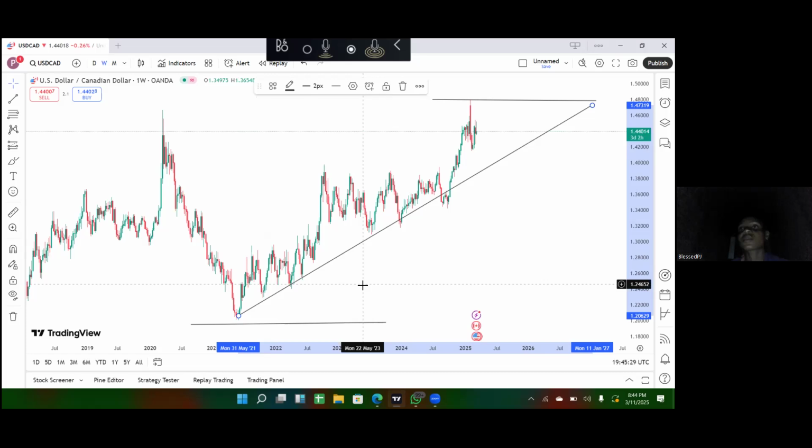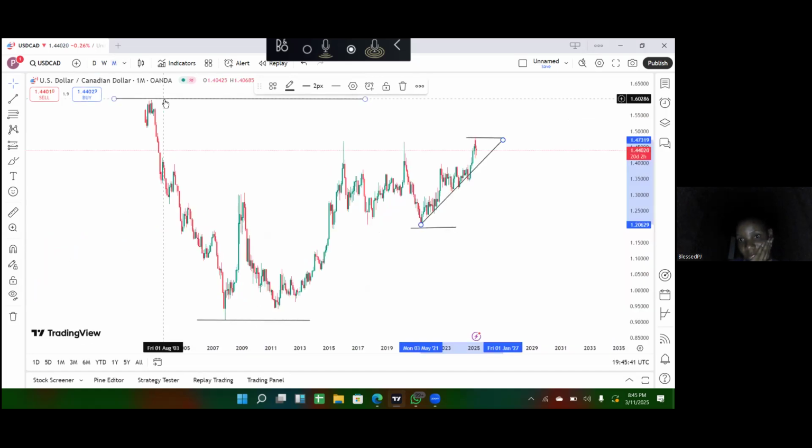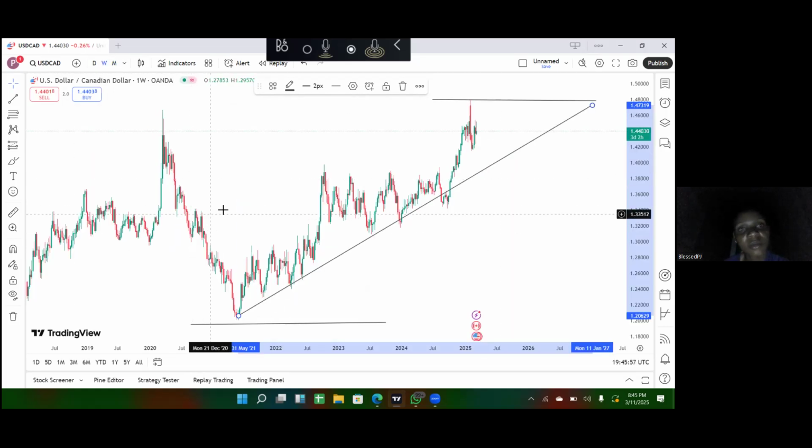Is it correct? That's looking good. Yes. But you don't have to force them to join. Go back to your weekly. Now see that trend line, shift it down to where the last one touches.